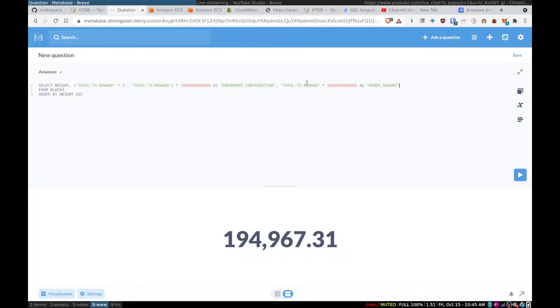I could just leave it named the same thing, but I think it's a little clearer. So okay, we got height, we got the endowment contribution. Let's flip the order of these. Makes a little more sense to me. And then we'll add in inflation here in a second. Hopefully, if we can get the math right. I should put a limit on that. I don't need to be returning all those results. Limit 10.